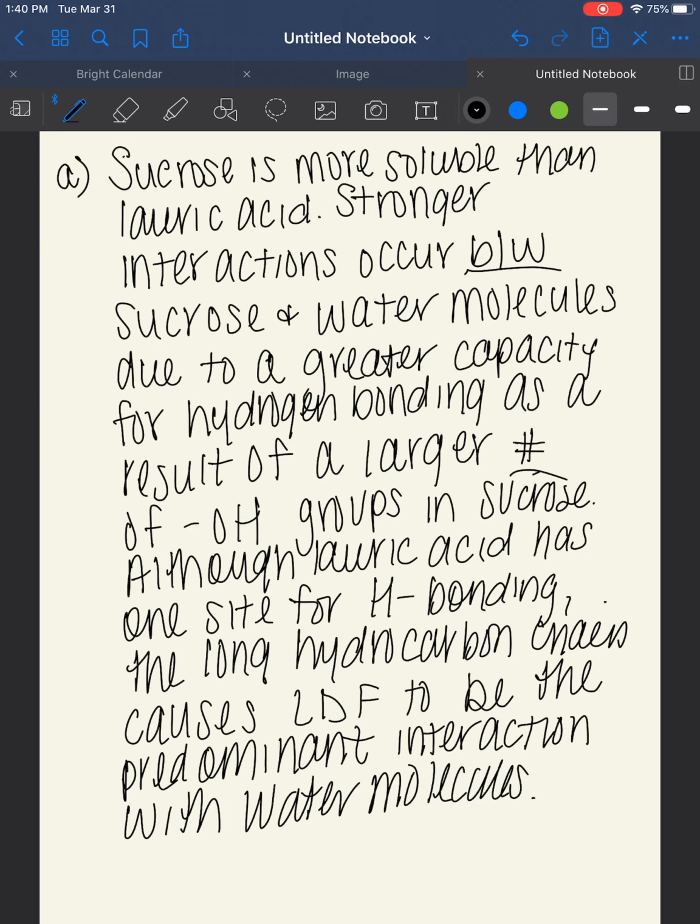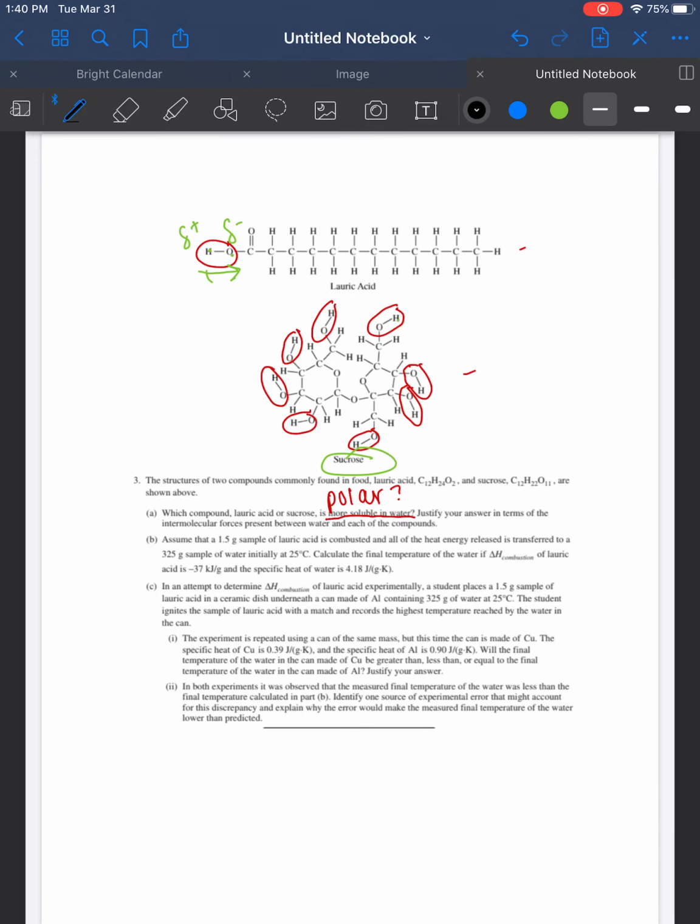Period. Okay, so there you go. I know here it looks like a lot of writing. It's really only 3 sentences, but I have to write big here on the iPad. Okay, so there is your answer for letter A.